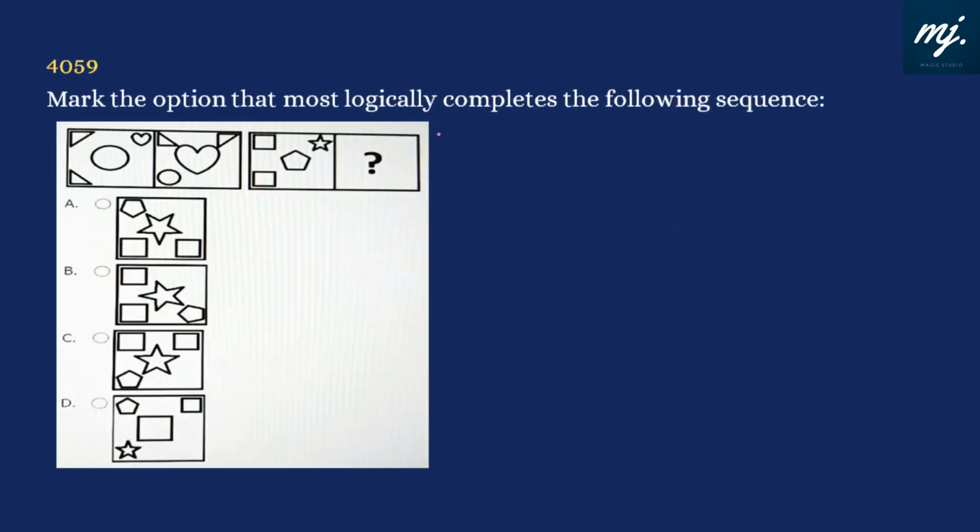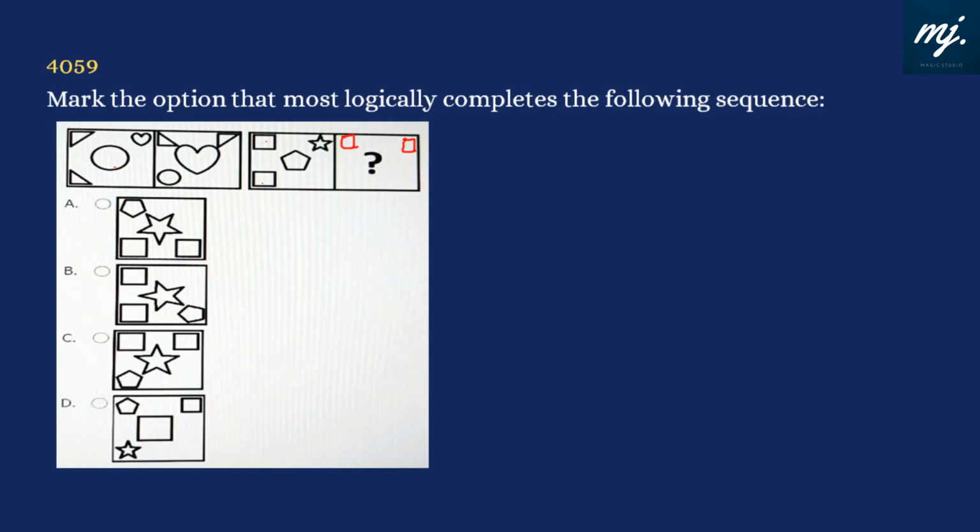Mark the option that most logically completes the following series. Okay. So we have circle, circle becomes stop, they move on. So these two are the boxes, they will move on.